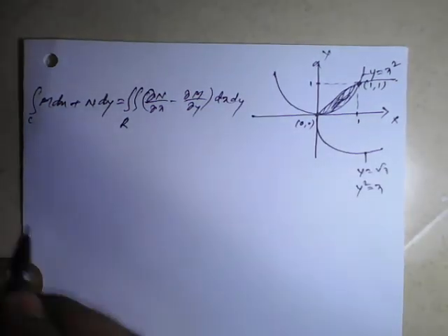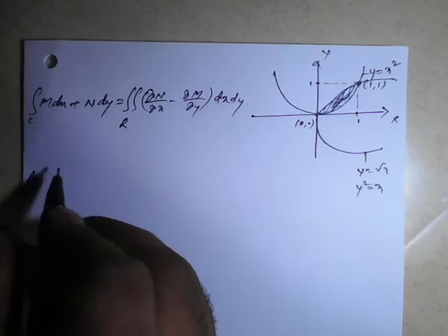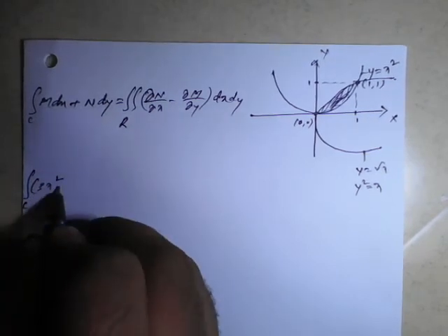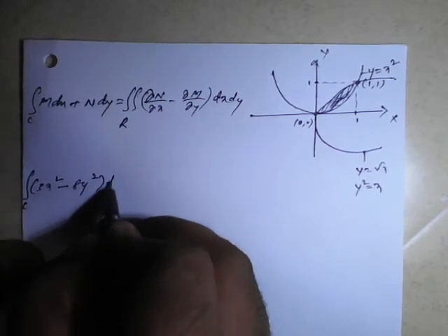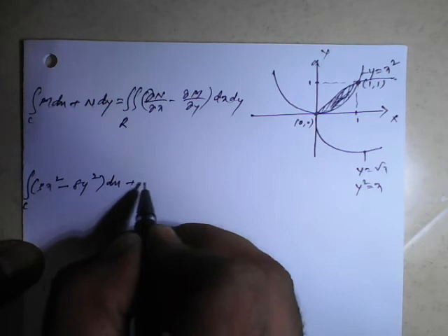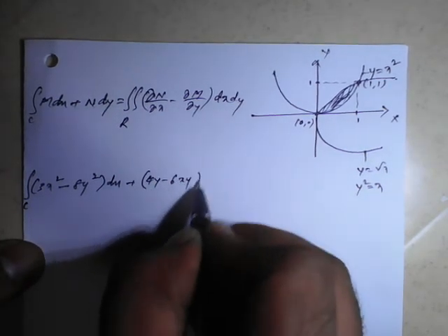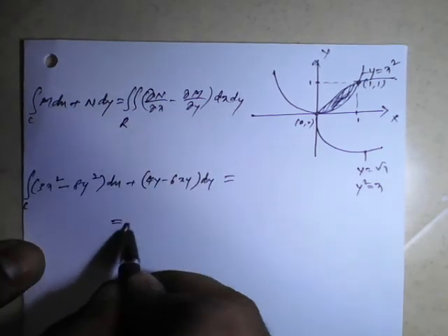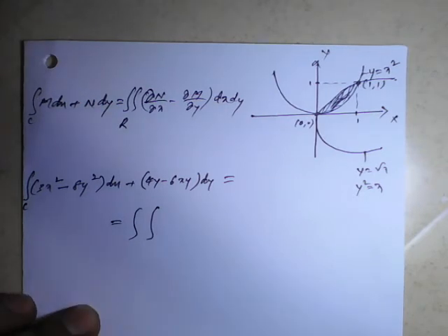So the left hand side we know, it is given in the question only, that is integration of 3x square minus 8y square into dx plus 4y minus 6xy into dy is equal to, the right hand side I will write down here, double integration of dou n by dou x.